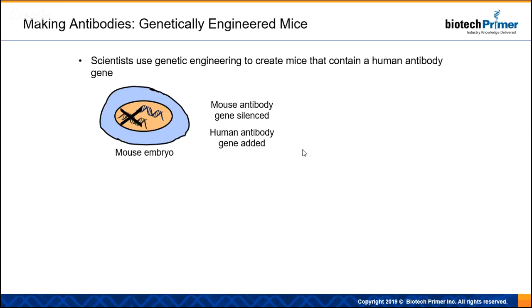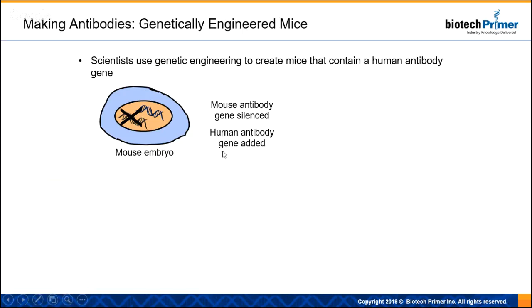But what researchers found when they did that is if you take a mouse antibody and inject it into a human, the human patient is going to recognize that as a foreign protein, and it's going to mount an immune response against that protein. This is actually called a human anti-mouse antibody response. And so our therapy won't be effective if we have this immune response against it.